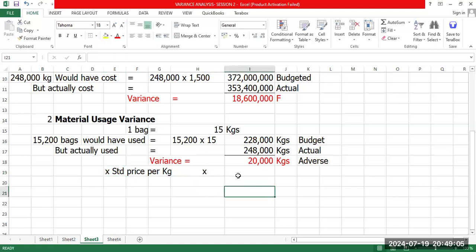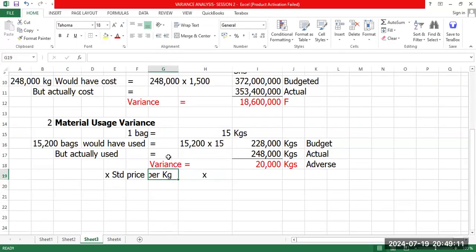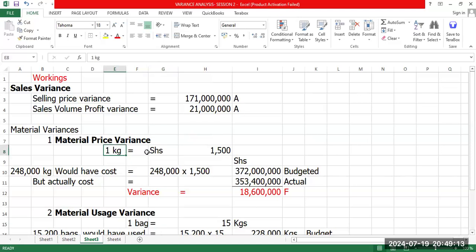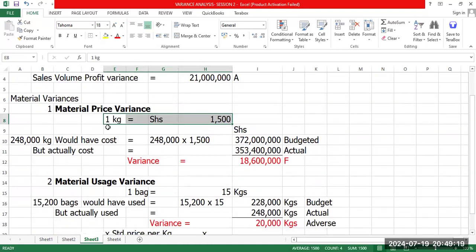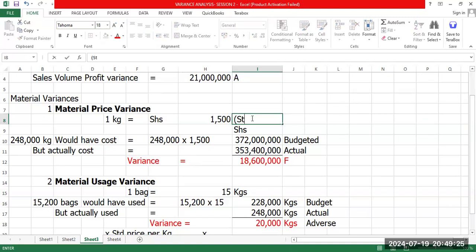Aren't you seeing that we have standard price per kg?